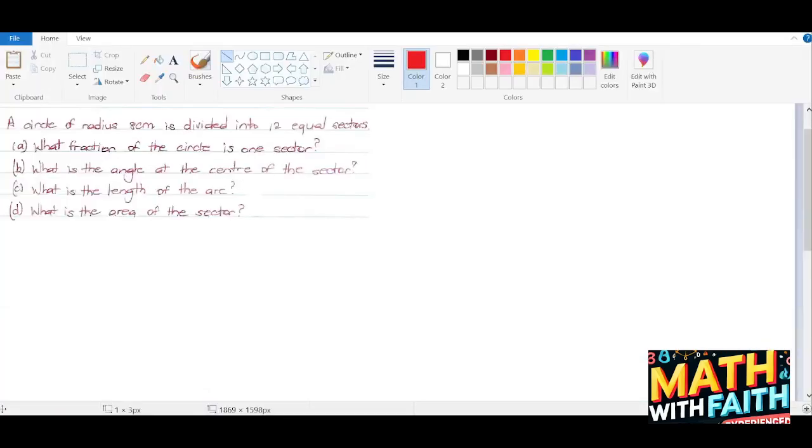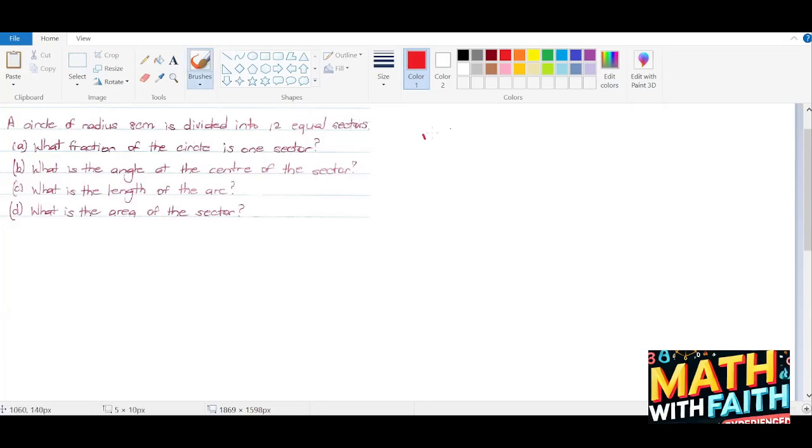A circle of radius 8 centimeters is divided into 12 equal sectors. So yeah, it's like a 12-piece pizza, right? So this circle is divided into 12 equal sectors.